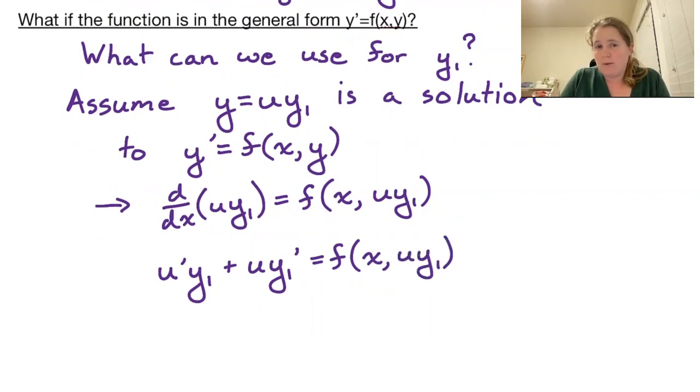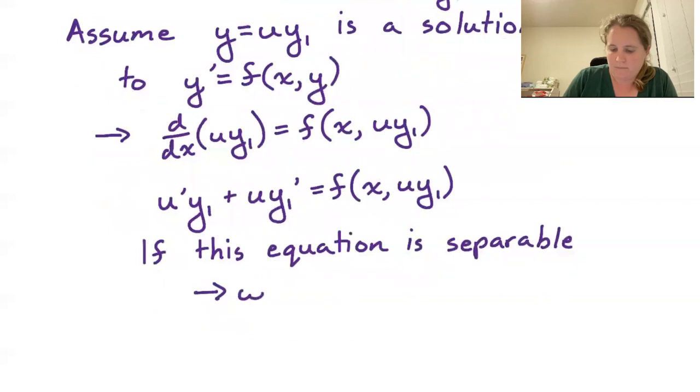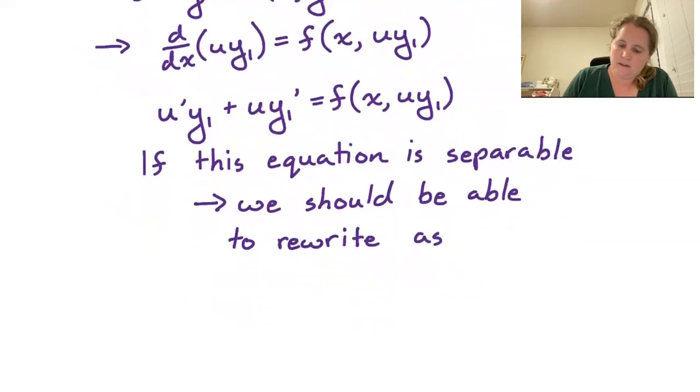If this equation is separable, which is our goal, then we should be able to rewrite it as u prime is equal to, I'm going to do this a different format than usual, h of u times g of x.